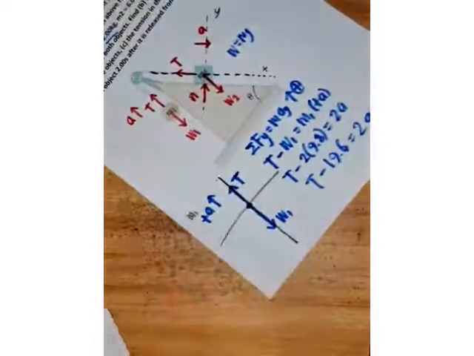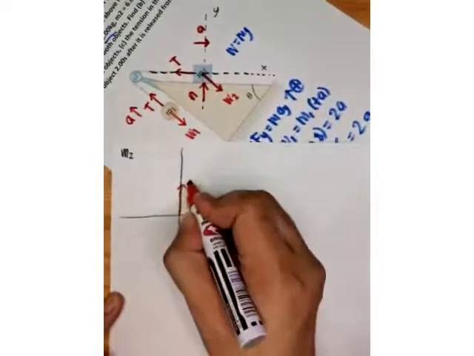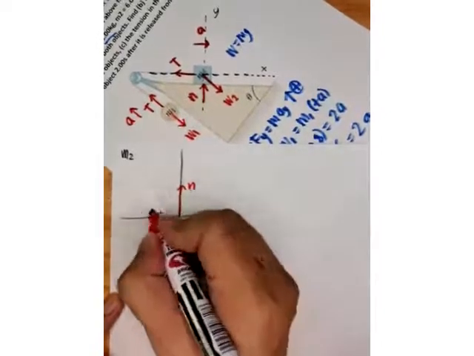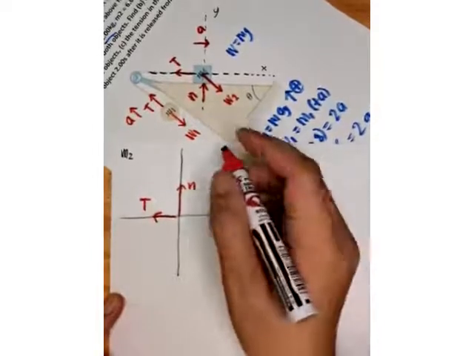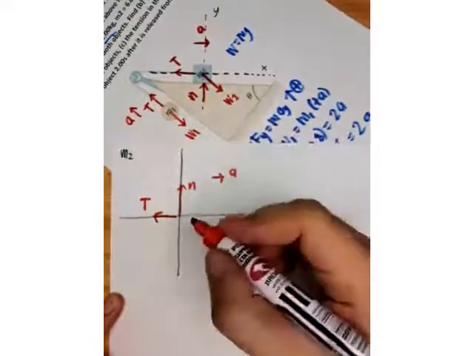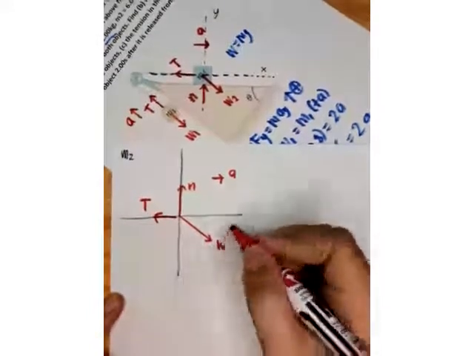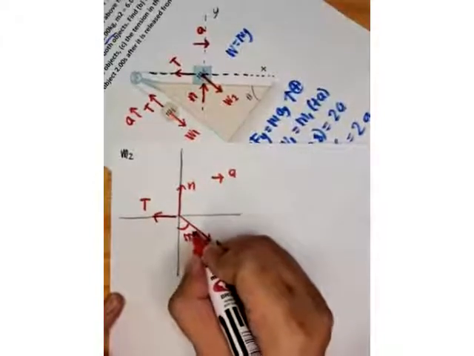And then okay, let's draw the forces. So the forces are, okay, we can see the normal. So normal force. Okay, and then yung tension natin is to the left. Okay, acceleration is going to the right. And then yung weight natin dito ay nasa fourth quadrant. Okay, yung theta natin ay nandito. So that is our 55 degrees.